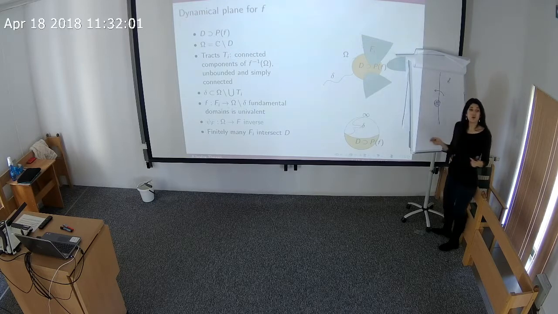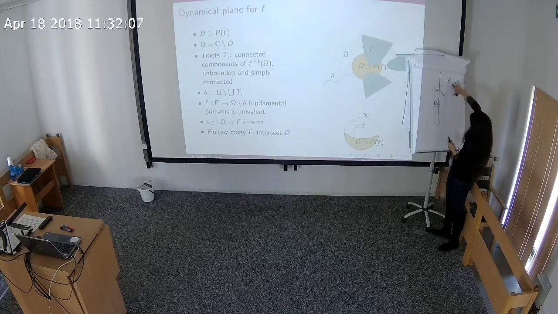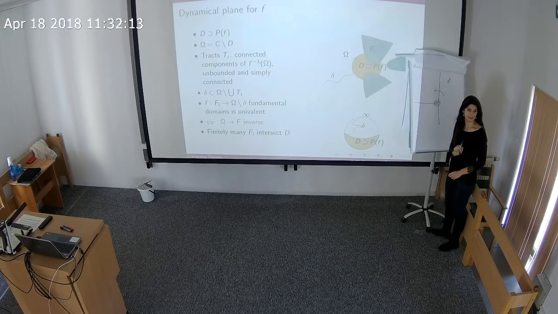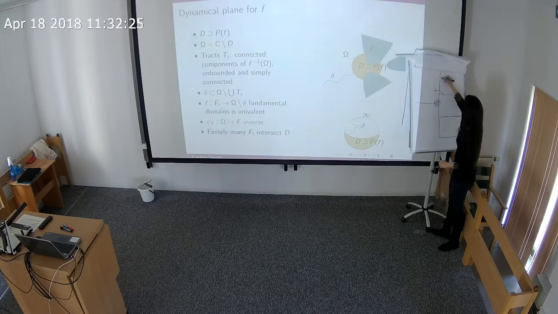And what do you do when you want to define branches of the logarithm? You take a slit. Since the preimage of the complement of this small disk is in the right half plane, the standard slit that you take is the negative real axis. And now this helps you to define branches of the logarithm. Why? When you take the preimage of this curve, you get a lot of preimages, which are just straight lines, which look like this.